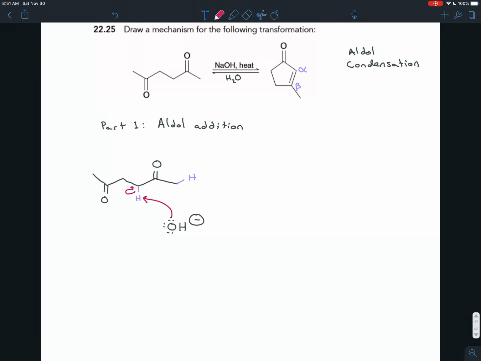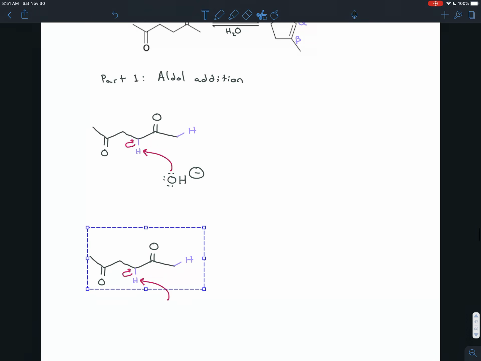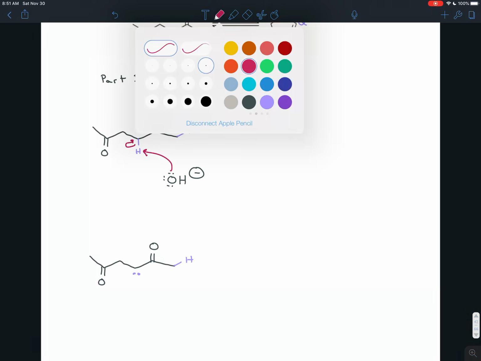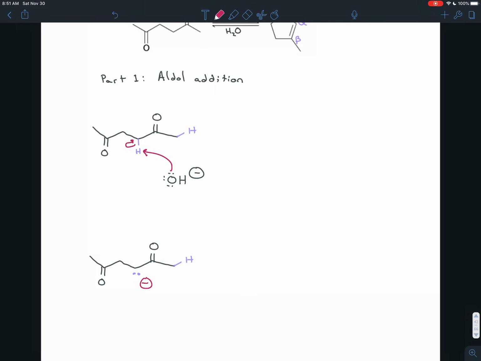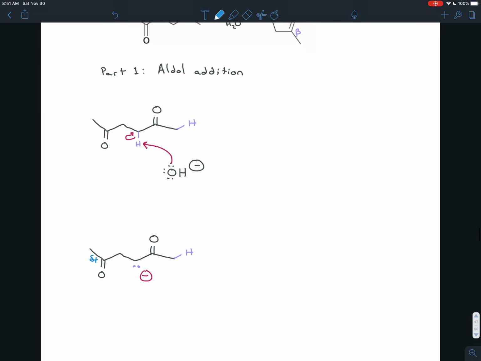The electrons snap back onto the carbon there, and what you end up with is this nucleophile here. Let me put that nucleophile in red so we can make more visual connections. You see the slight blue, positive charge of that carbonyl here.